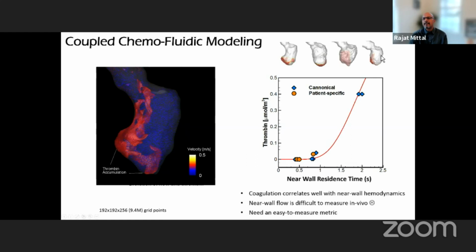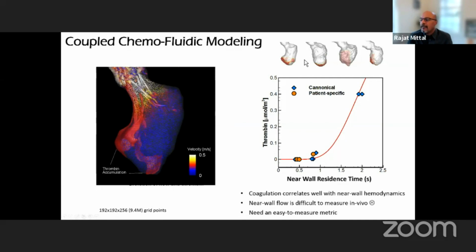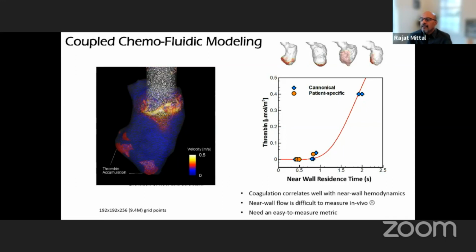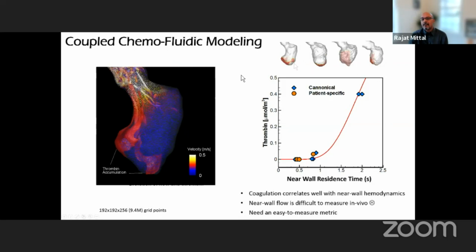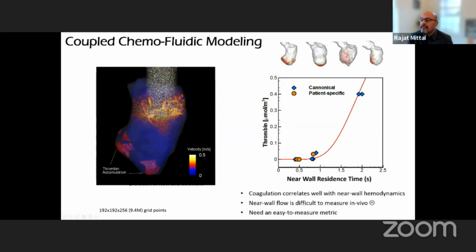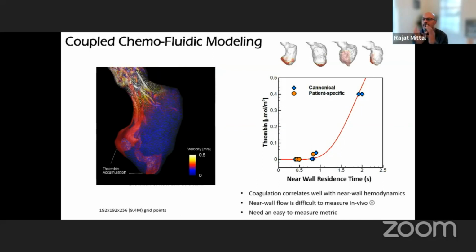So you can see here that all of these simulations are conducted by taking 4D, which is 4-dimensional, 3D and time-resolved cardiac CT information. We did all these simulations for about 12 patient-specific cases, and using the imaging, we derive the movement of the heart.